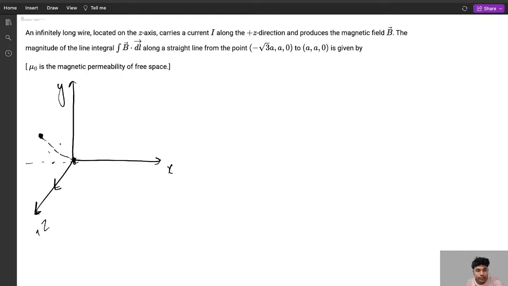So z is equal to 0 right now. This is x. If I see from the front, let me change the view.